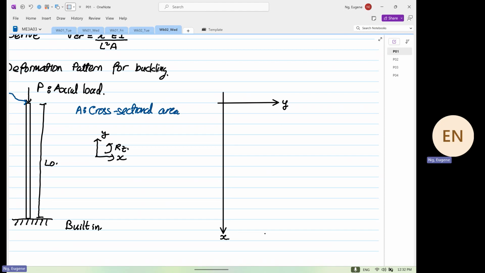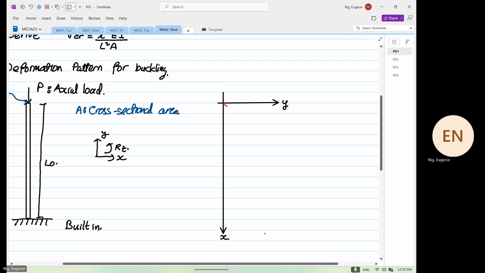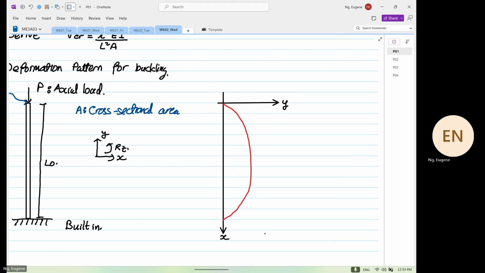And I'm going to sketch how the structure, the deformation pattern due to buckling now. Okay, so this is a sketch. Okay. And we're going to impose two boundary conditions.